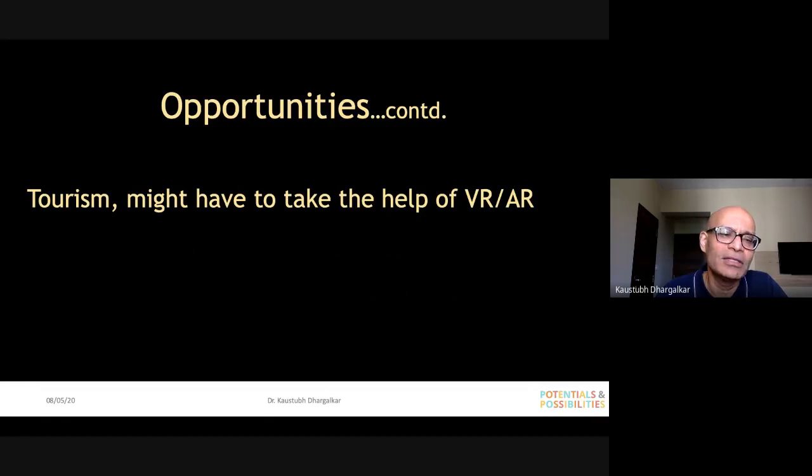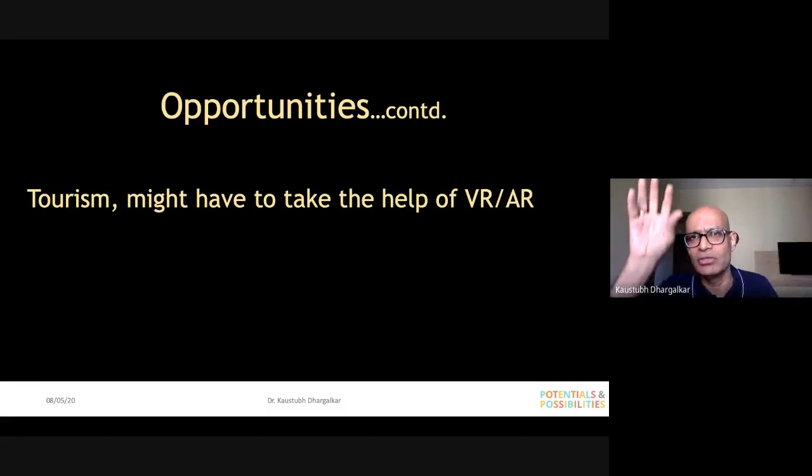Tourism might have to take the help of VR and AR. I mean, physical movement for tourism, I feel, is not going to come back anywhere near normal for another 1.5 to 2 years. Tourism, according to me, has two sides.